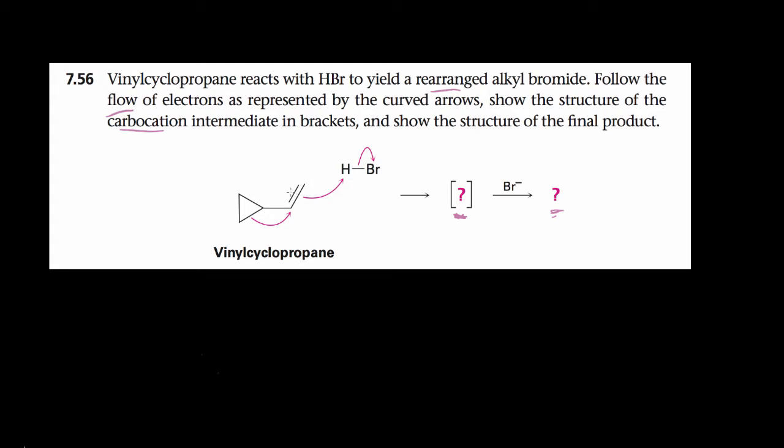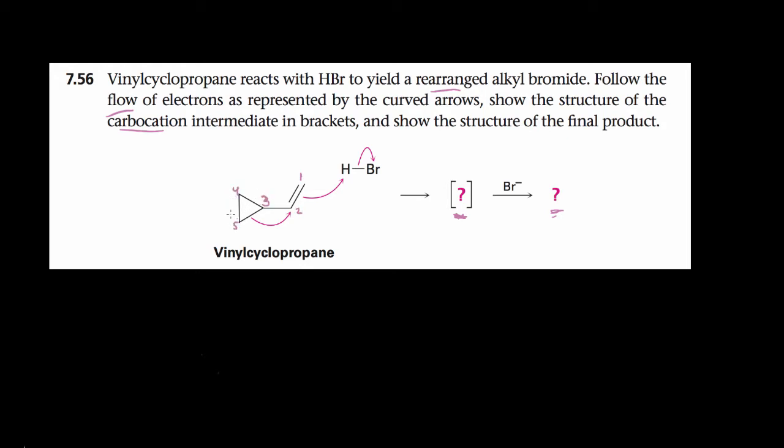So we would normally just protonate this double bond and put a carbocation there. But it's actually showing us that not only are you protonating the double bond and losing bromide here, but also you have this flow of electrons from, let's just number these carbons, 1, 2, 3, 4, 5.